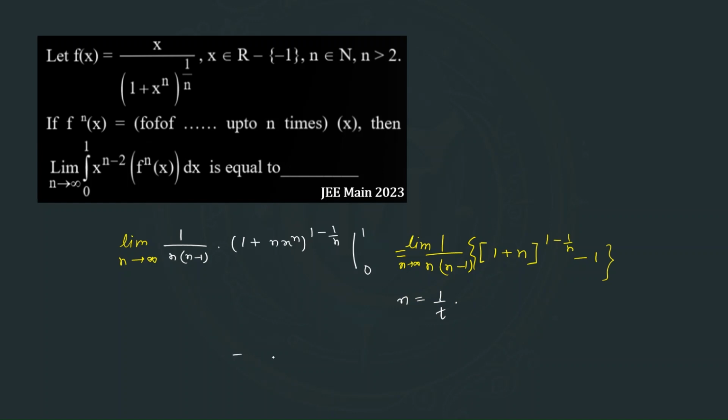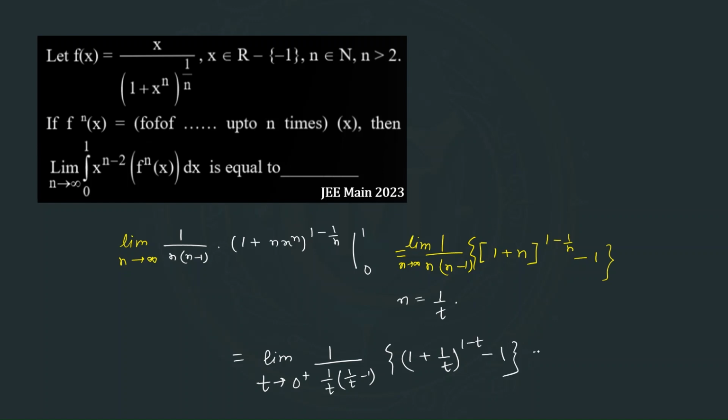So this limit will become limit t tends to 0 plus, then 1 by this n into (n minus 1) we can write as 1 by t, then 1 by t minus 1, then here (1 plus 1 by t) whole to the power 1 minus t, minus 1.